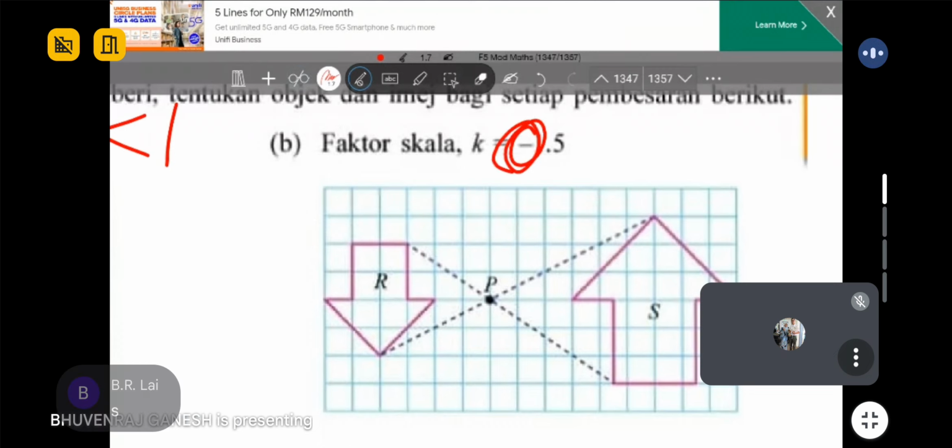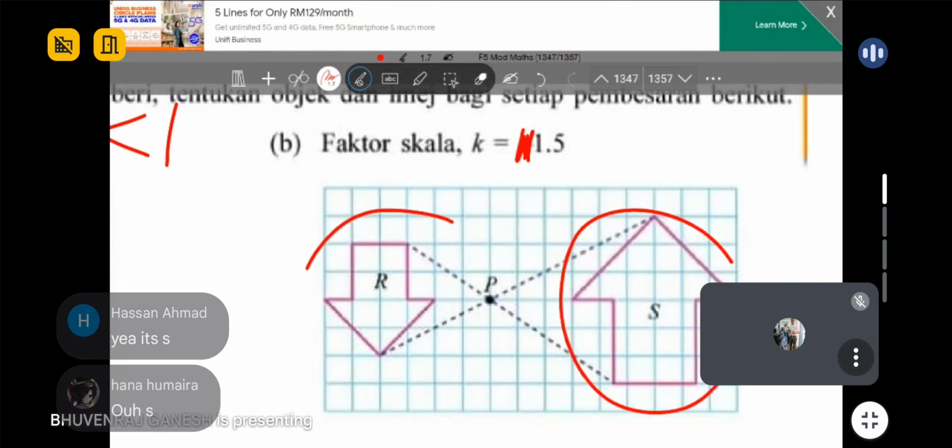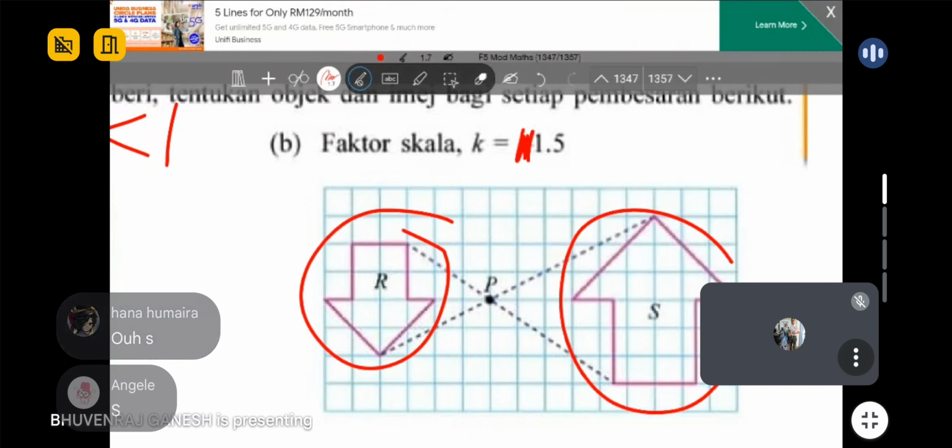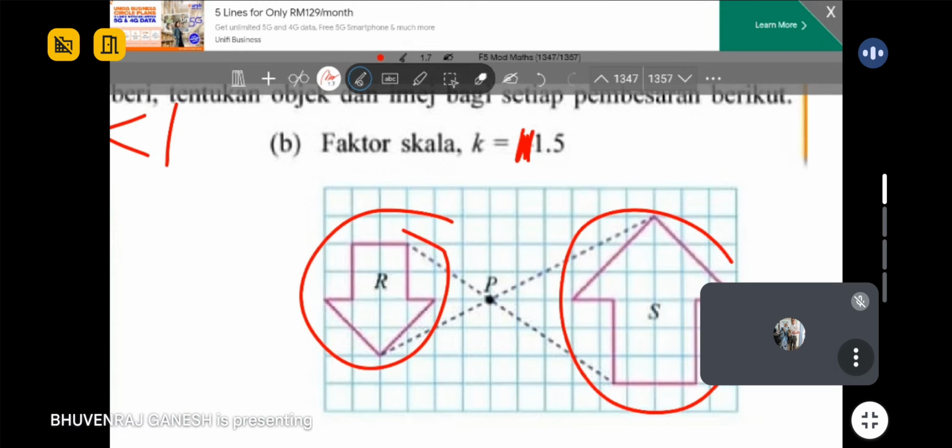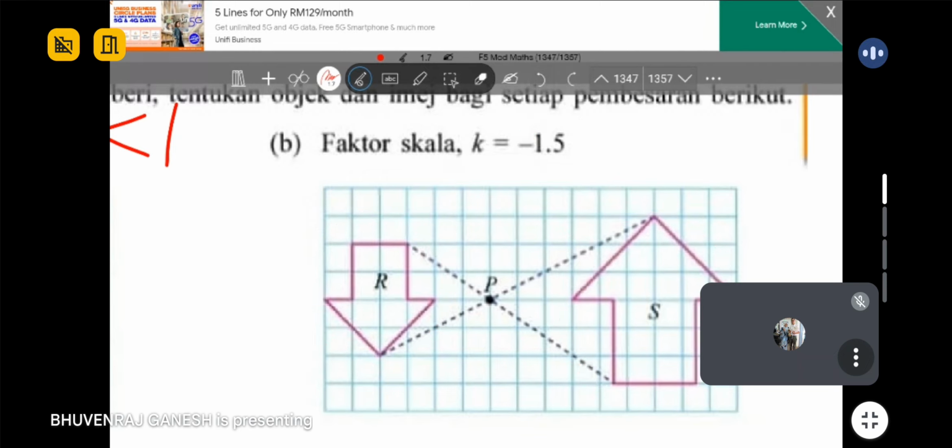Don't look at the negative symbol, look at the value only, then you will get the answer. S is the image, because S is bigger than R. The scale factor equals image divided by object. If you want a scale factor bigger than one, the image must be bigger than the object. So that's why S is the answer. S is the image.